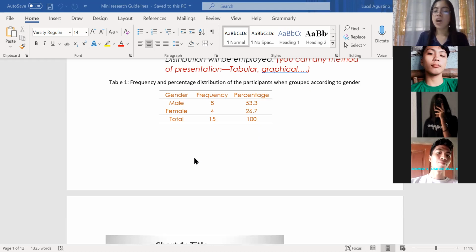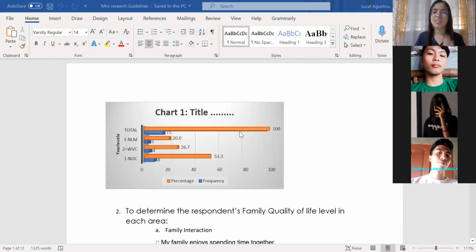For male, there are 8 respondents, which comprises 53.3% of the total 15 respondents, and 4 respondents for females, which comprises 26.7%. So amo lang na basic nga textual presentation.